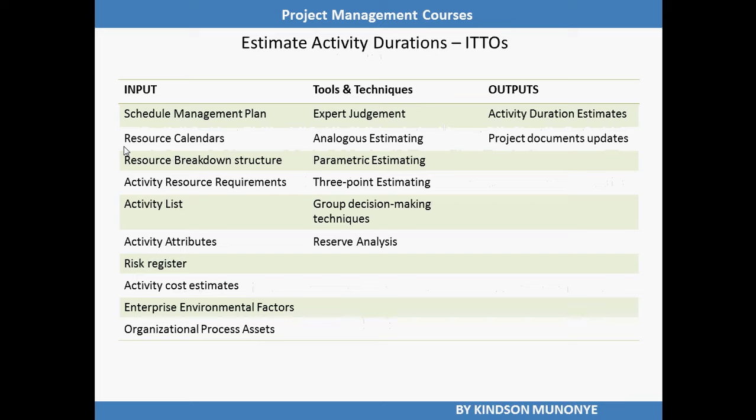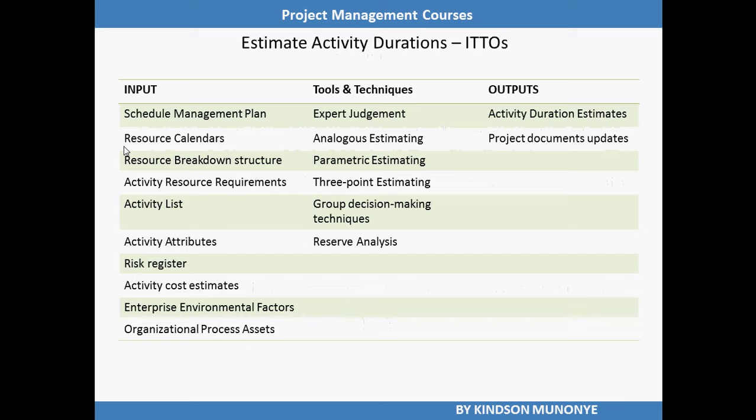Let's now look at the ITTOs of estimate activity durations. We have 10 inputs: project schedule management plan, resource calendars, resource breakdown structure (RBS), activity resource requirements, activity list, activity attributes, risk register, activity cost estimates, enterprise environmental factors, and organizational process assets.